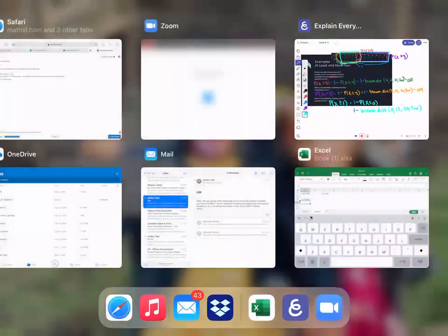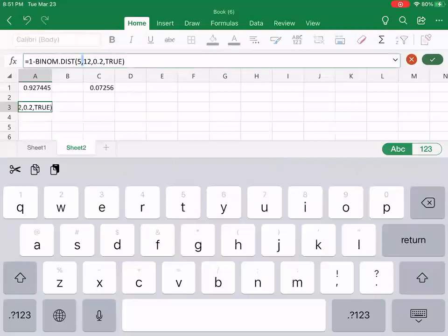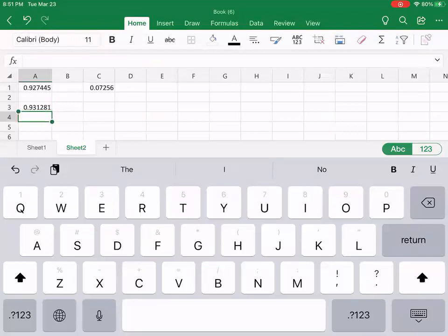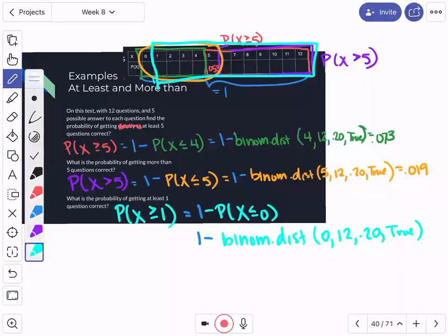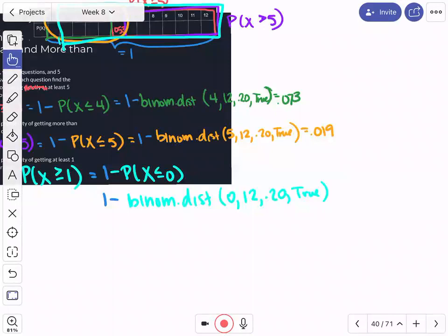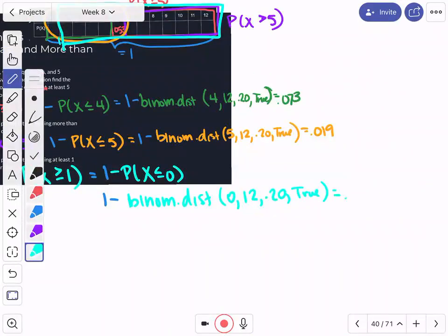So when I calculate that, again, I'm going to change this 5 to a 0 in the front. I get 0.931. Probability you get at least one right equals 0.931.